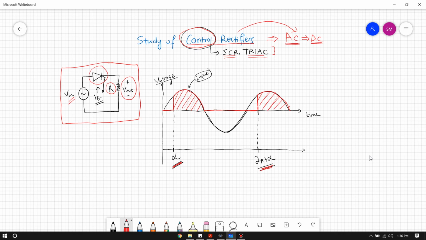But say if we supply the pulse at a later instance, at alpha prime, right? So this is what alpha prime is. Then the SCR will conduct only after we supply the pulse at alpha prime. So this will be the output, right? We will get an output like this.